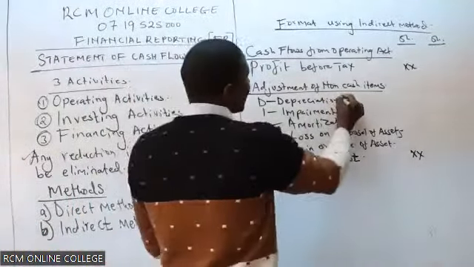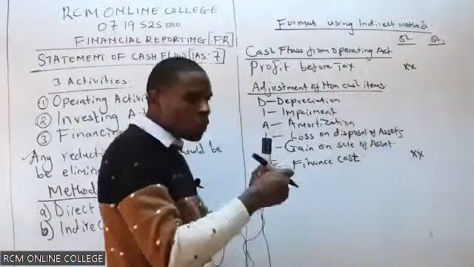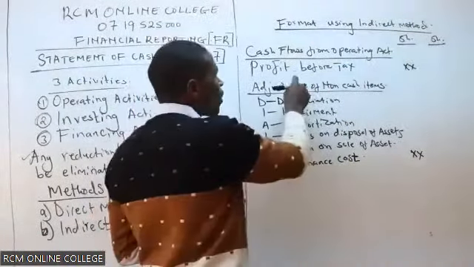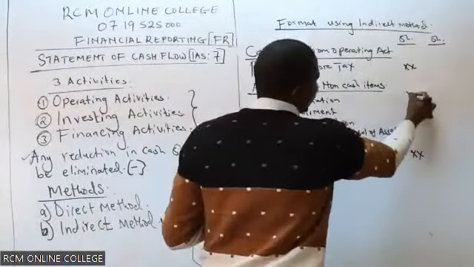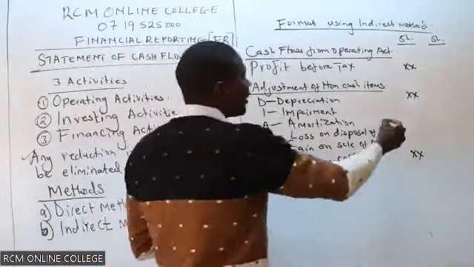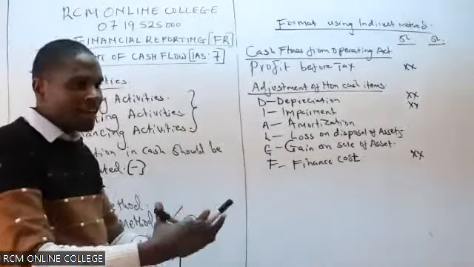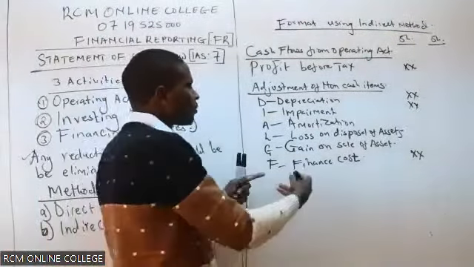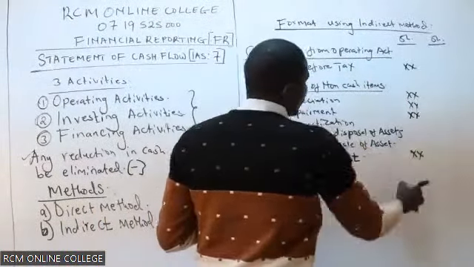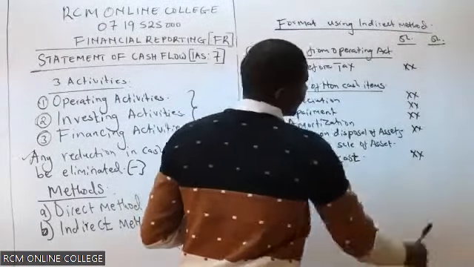The same case applies to depreciation. Depreciation is also subtracted for us to arrive at the profit before tax. Therefore, for that one, we still add it back. Impairment is a reduction of value of a non-cash item, therefore we also add. A loss is subtracted, so we add it back.